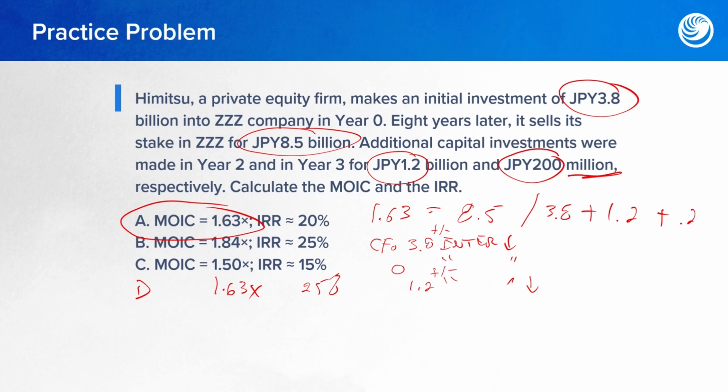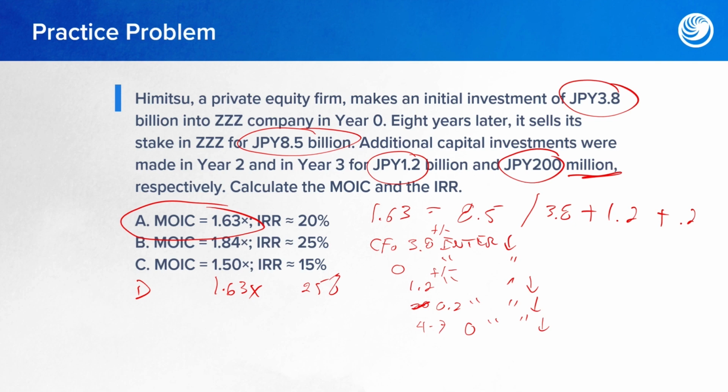But as long as you have things lined up, you should be all right. Anyway, the next cash flow, CF3, is 0.2 if we're keeping it in millions. Enter, down arrow. And then our CF4 would be 4 to 7. So all the way from 4 to 7, we need to hit 0 and then enter and then the dreaded down arrow. You got to keep doing that.